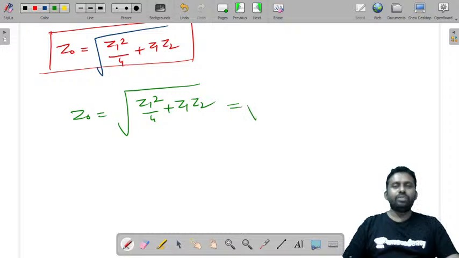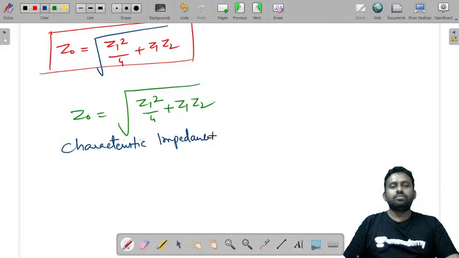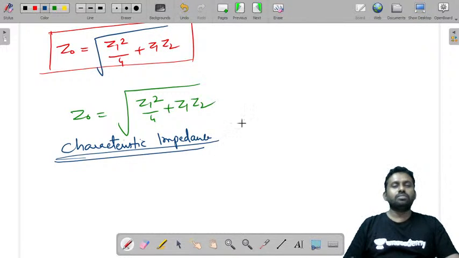Or you can write this in terms of ABCD parameters also. This is how you'll determine the characteristic impedance Z naught. The units are ohms.